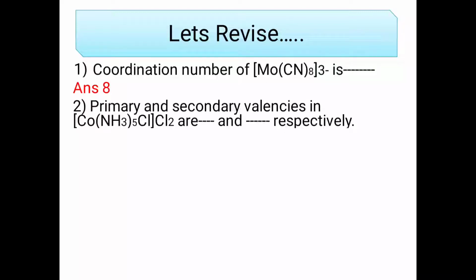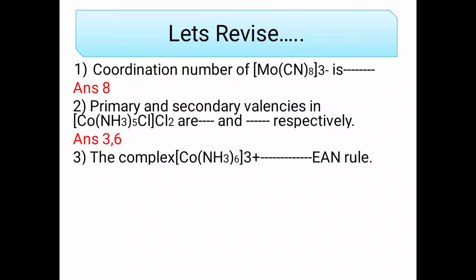We must calculate the coordination number first, and the secondary valency is the number of ligands attached to the complex. So here we see that 5 ammonia and 1 chlorine are directly attached to the complex. Therefore, the coordination number is 6. So the correct answer is primary valency 3 and secondary valency 6. Let's check. Okay, correct.